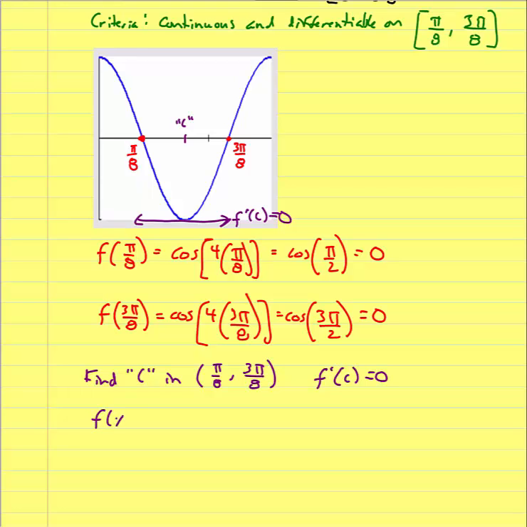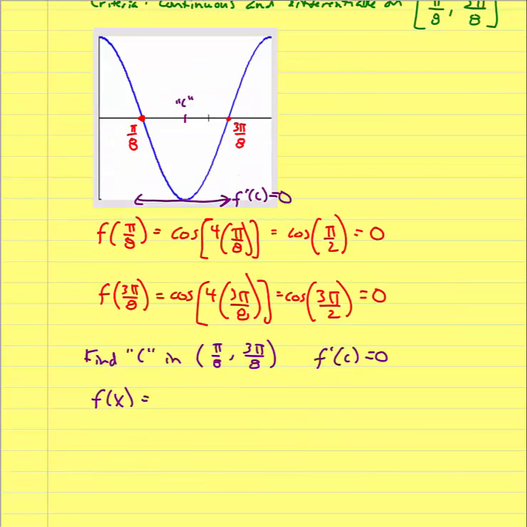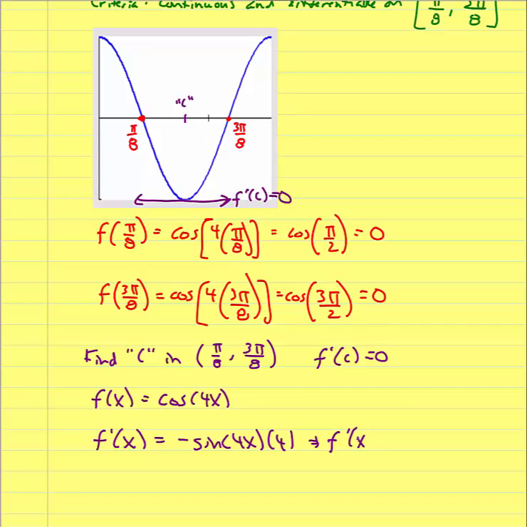So remember f of x on this was, I've forgotten already, cosine of 4x. So f prime of x is going to be equal to the negative sine of 4x times 4. The derivative of the cosine of u is negative sine of u times u prime. I'm going to rewrite this so we have that coefficient out front.